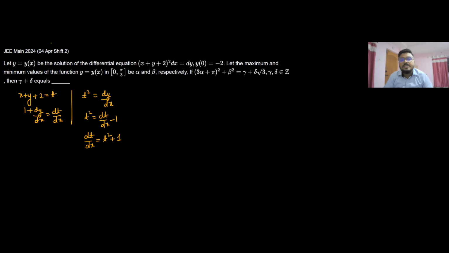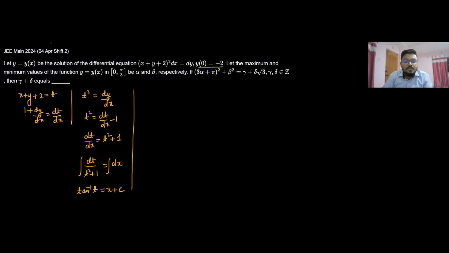So now we can see that it is variable separable. Very easily we can separate these variables. Okay, so finally it was reducible to variable separable. And this was now again a simple question, tan inverse t equal to x plus c. Now the passing point they have given is x 0, y minus 2. Put x 0 here and y minus 2.